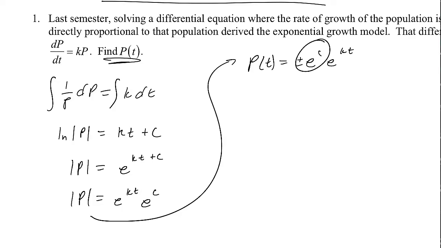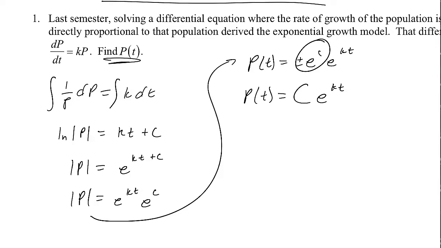And since this e to the c just represents a constant, that plus or minus will come out positive or negative depending on what I find in my particular solution. So it will work out however it needs to work out when we get to that point. So really, this is it. P of t equals c e to the kt.